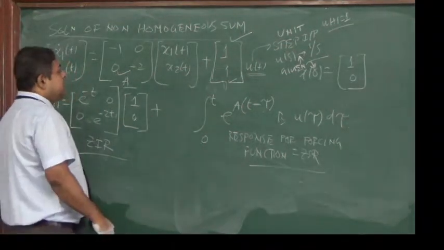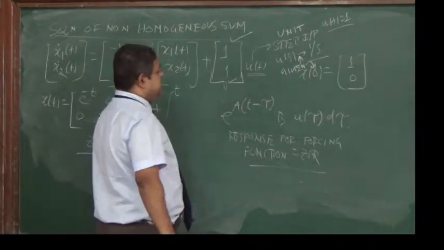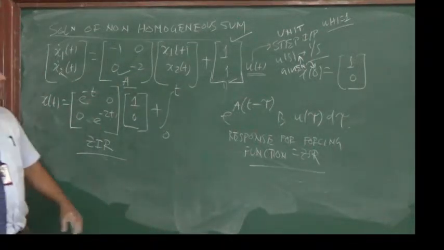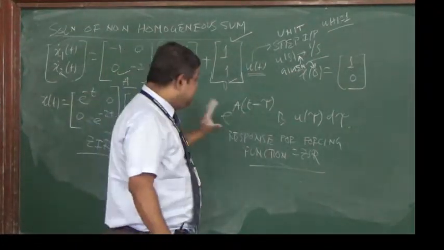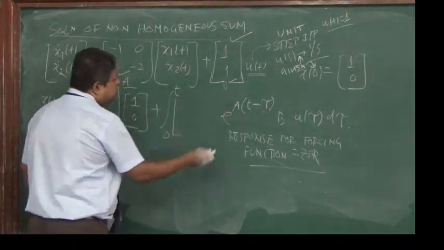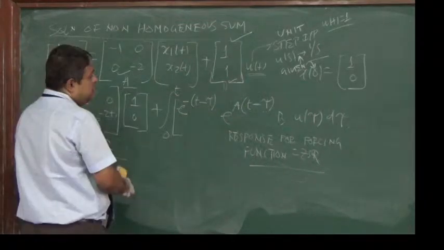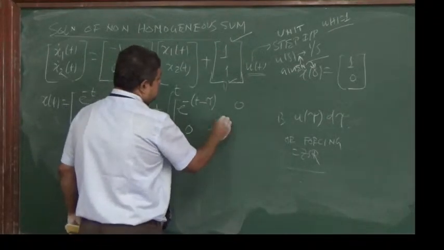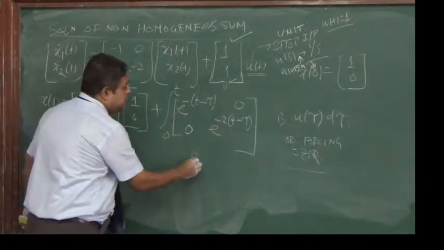Now this part is a little difficult. Let us write the integral from 0 to t of e raised to A(t minus tau). Whatever e raised to At is, instead of t you write t minus tau. Here t is not a variable; the integration variable is tau. So write e raised to A(t minus tau) in 2 by 2 form: e raised to minus (t minus tau), 0, 0, e raised to minus 2(t minus tau).